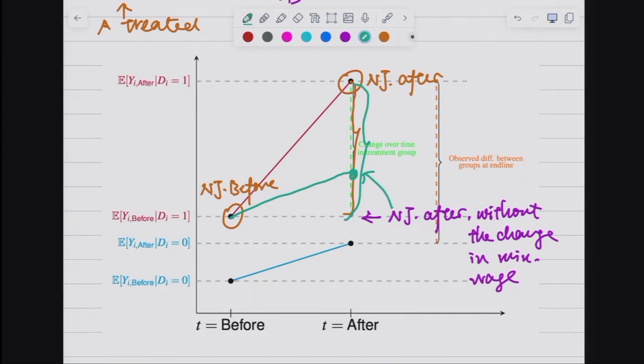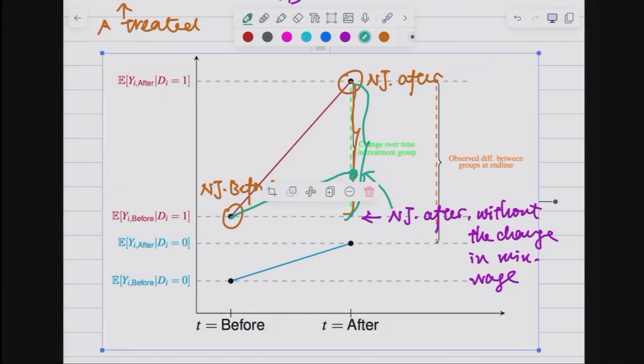We say that we might be able to recover the effect of the change in wage by simply doing two before-after analyses, one for the treated group and one for the control group. And we hope that the control group will give us an estimate of the trend over time. Then doing the cross-section comparison for the before-after analysis will help us recover the true effect.